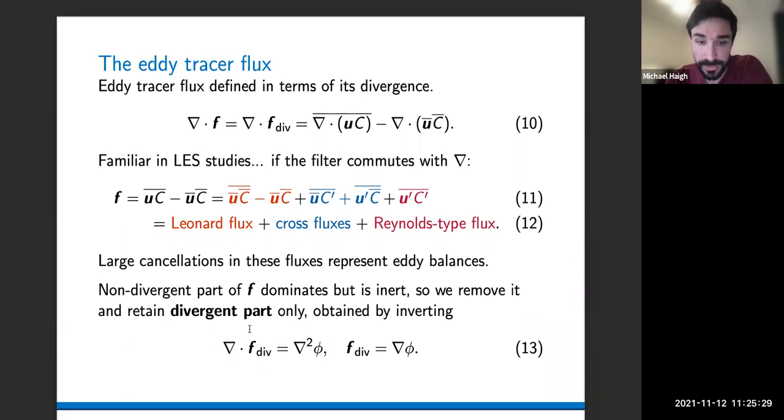We can invert this equation with boundary conditions that say that this divergent eddy tracer flux is 0 on the boundaries. Once we get the potential, we can take its gradient, and then that is equal to the divergent part of the eddy tracer flux. So from here on, I'm going to work with the divergent part only of the eddy tracer flux, and I've removed its non-divergent part.